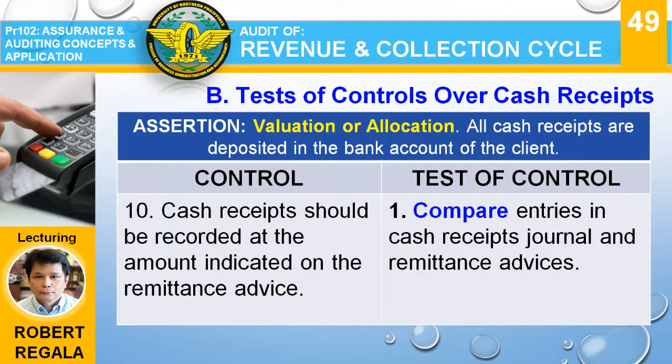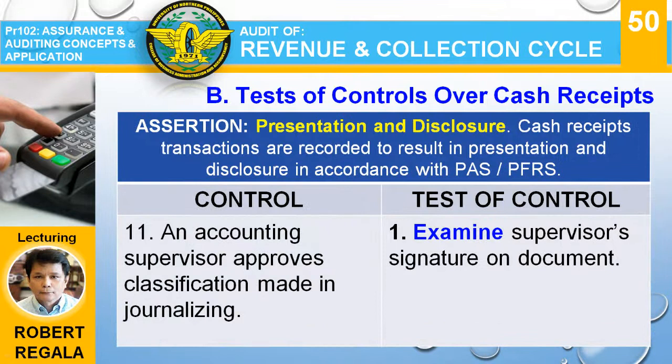A remittance advice that has been processed by a third party serves as strong evidence of the amount received from the customer. To test this control over the assertions, the auditor compares entries in the cash receipts journal to remittance advices.